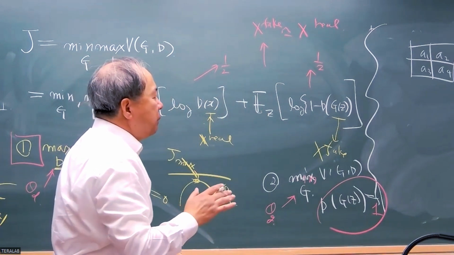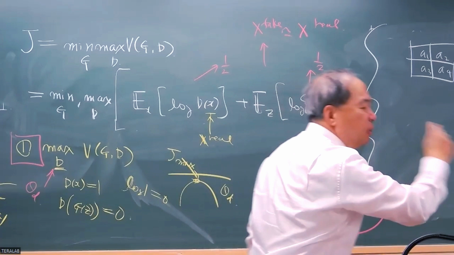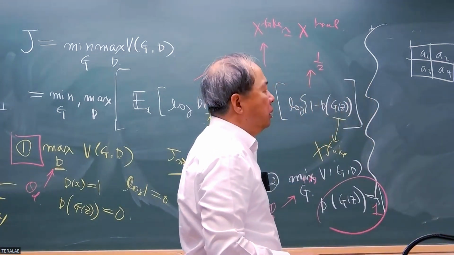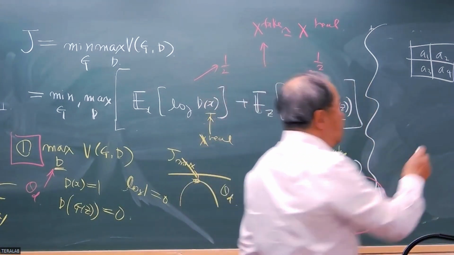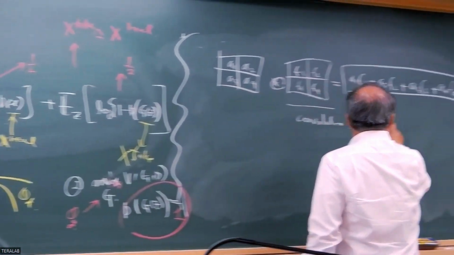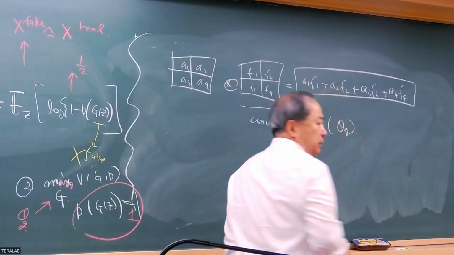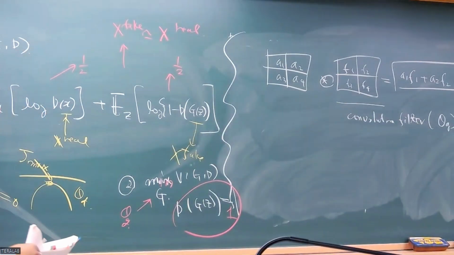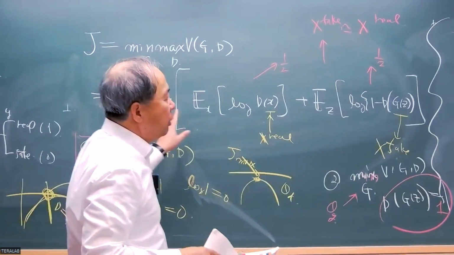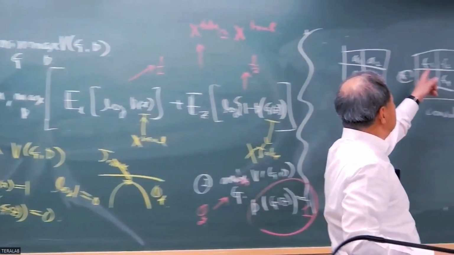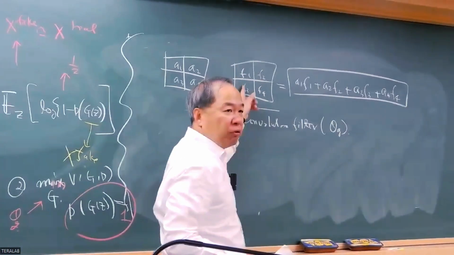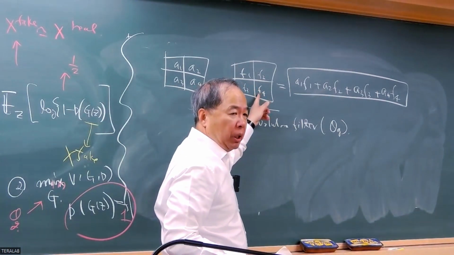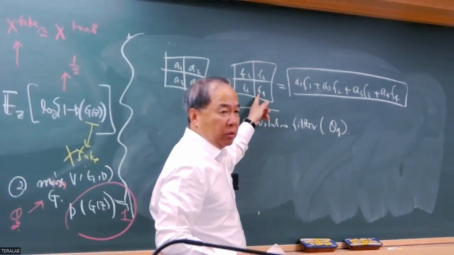And during that process, we are applying this convolution. So this filter is actually the generator model parameter. So during the backpropagation to minimize this generator loss, we have to determine F1, F2, F3, and F4 using the gradient descent method.